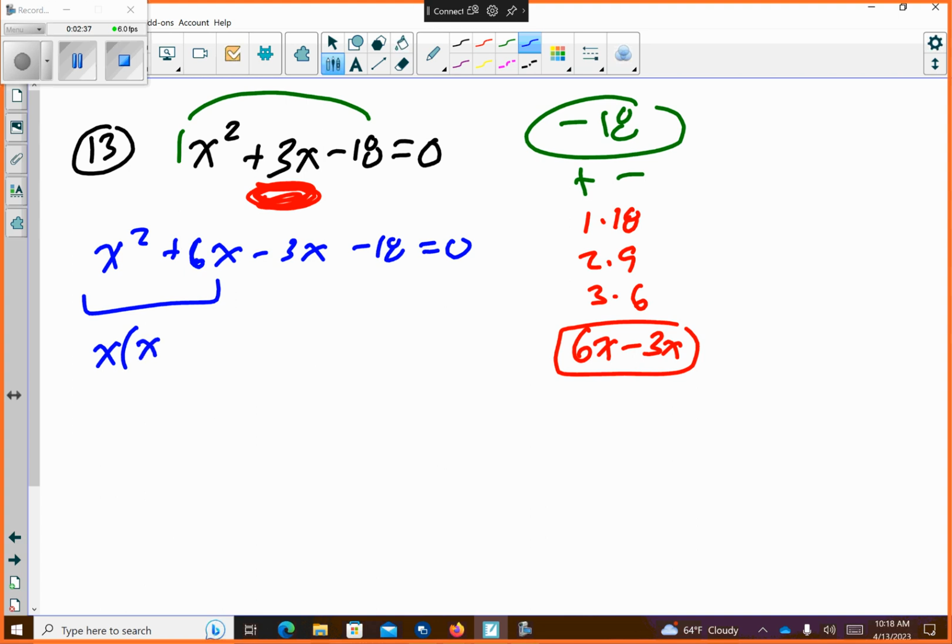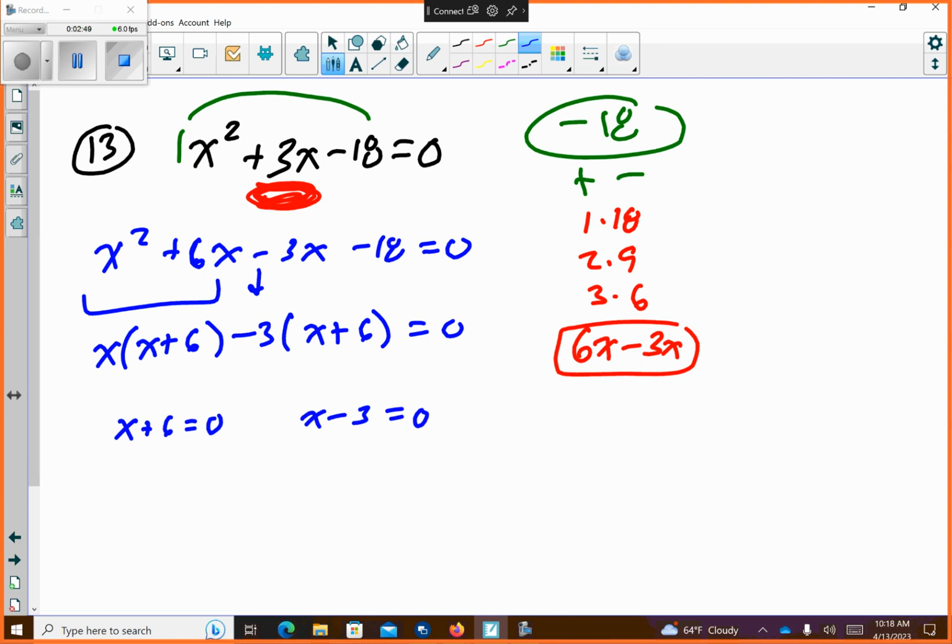You factor the x out, you get x plus 6. You take the negative 3 out. And so basically you get x plus 6 equals 0, and x minus 3 equals 0. So I get x equals negative 6, and x equals 3.